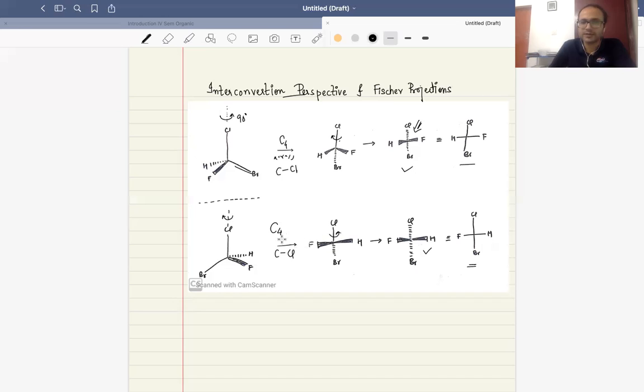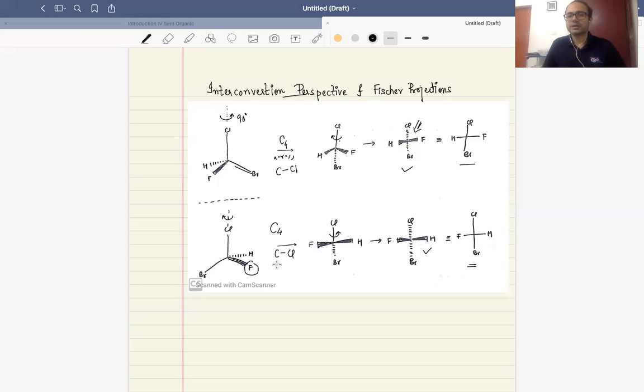So when you rotate by using a C4 proper axis rotation, that is 90 degrees, anti-clockwise, the Br which was behind has now become a line bond. So when you rotate and bring Br here, your H which was on the right side has now gone to the back side, and the fluorine which was on the left side has now come to the front side.